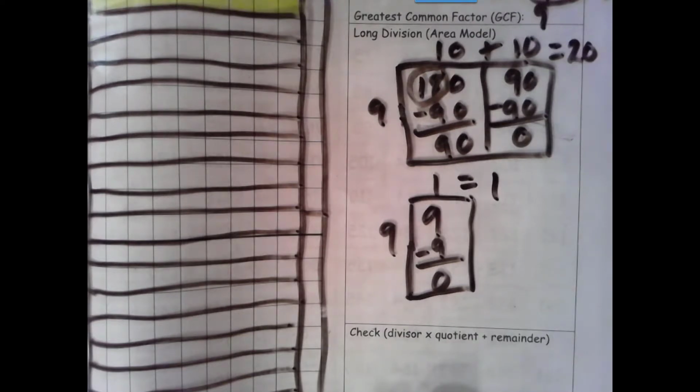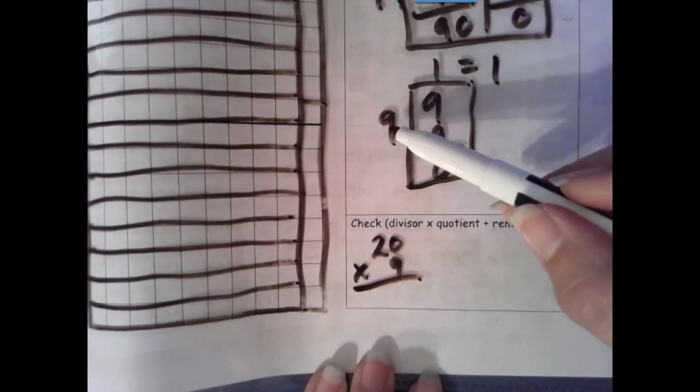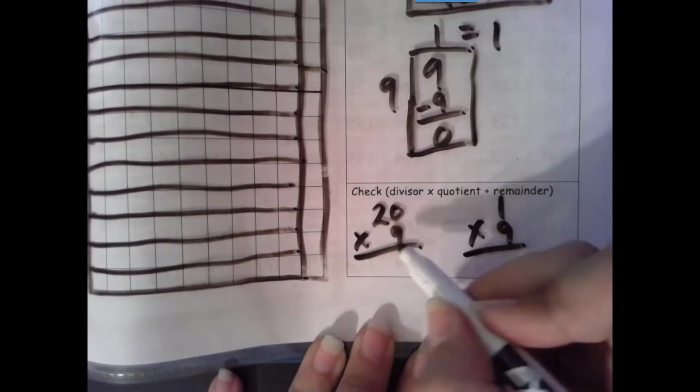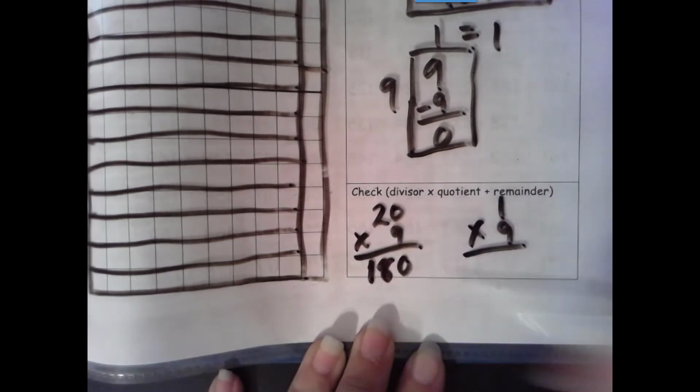Okay, so we're going to check our answers with our inverse operation. So it's the divisor times the quotient plus the remainder. But since our remainder is 0 and the identity property of multiplication says it's going to stay the same, we don't need to actually add. Same here, divisor times quotient plus remainder. But again, that remainder is 0. 9 times 20, well 9 times 0 is 0. 9 times 2 is 18.